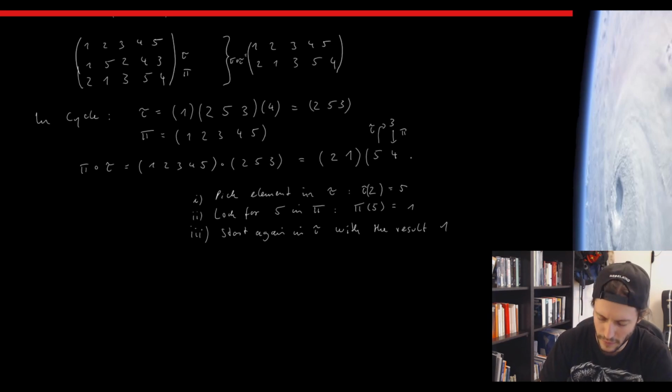Then the 4 is left identical in tau, I'm so sorry. And in pi, it's mapped back to the 5, so I can close the bracket.